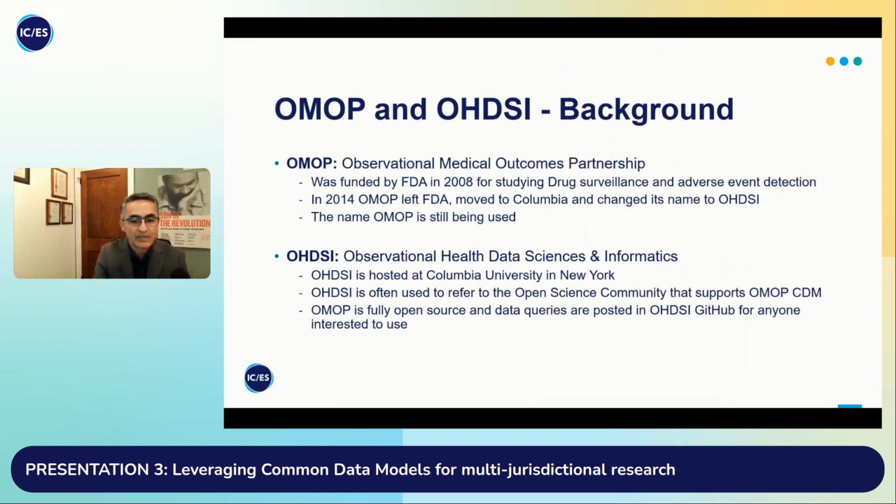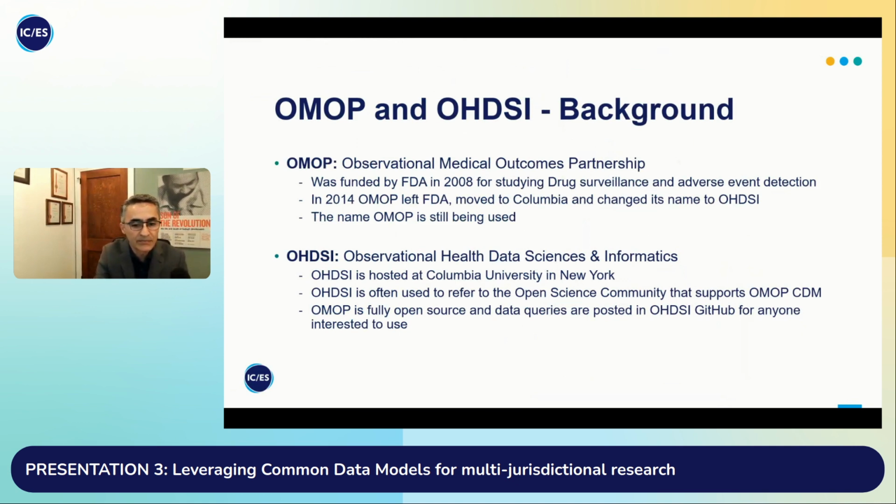OMOP stands for Observational Medical Outcomes Partnership. It was funded by the FDA in 2008 for studying drug surveillance and adverse event detection. In 2014, OMOP left the FDA and moved to Columbia and changed its name to Odyssey. The name OMOP is still being used, and they're sometimes used interchangeably.